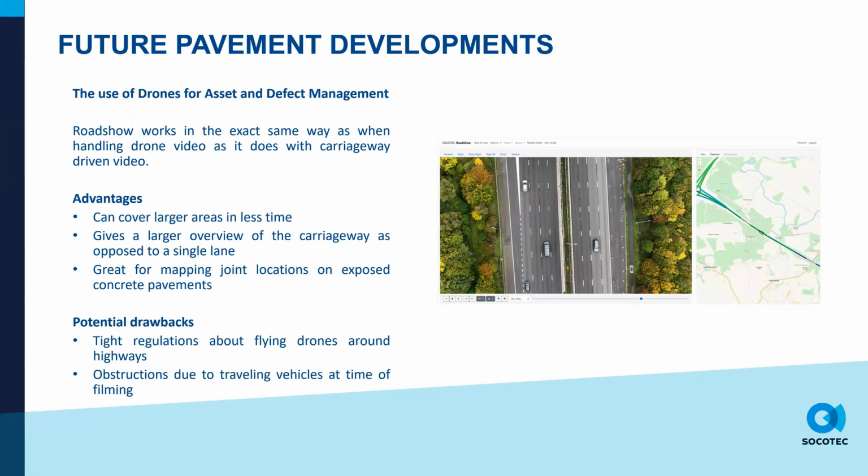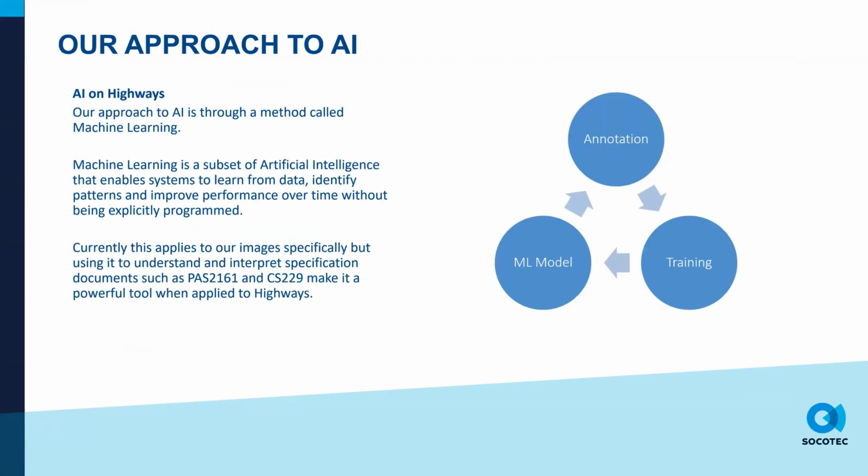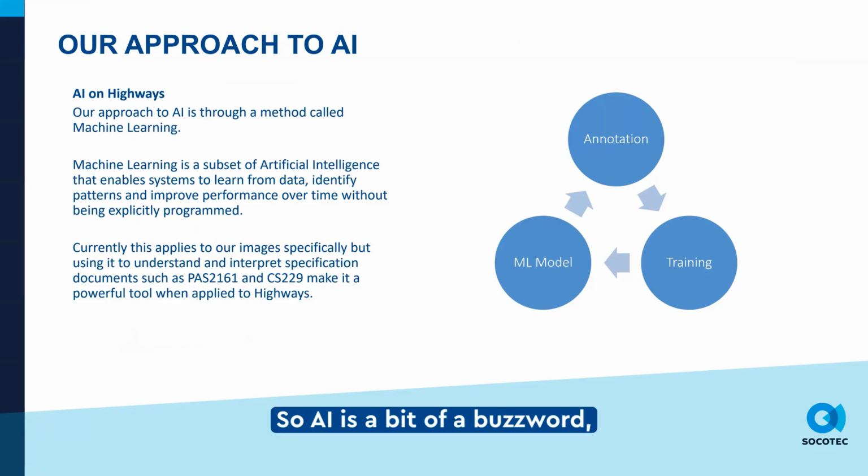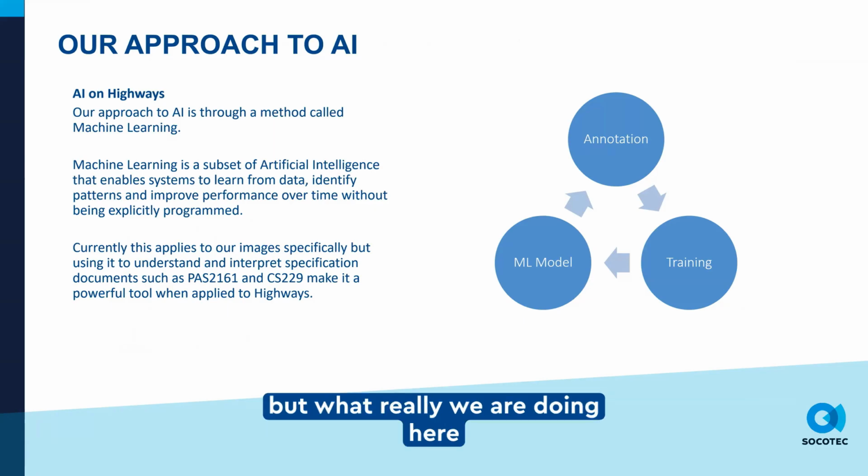Okay, next slide. So, our current approach to AI. AI is a bit of a buzzword, as you know, in the industry, but what we are really doing here is a method called machine learning, which is a subset of artificial intelligence.